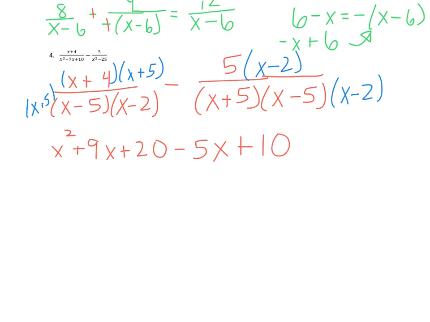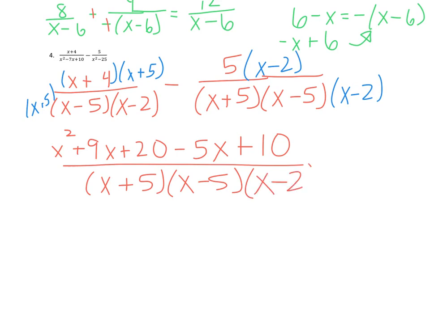All right, so negative 5 times x is negative 5x. Negative 5 times negative 2 is positive 10. And then we have our LCD. All right, let's simplify the top. 9x minus 5x and 20 plus 10.